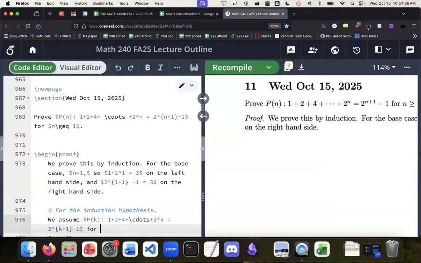I was about to say for n equals K, but if I'm saying P of K, I don't think I really need that.